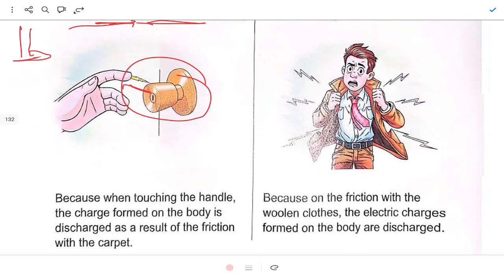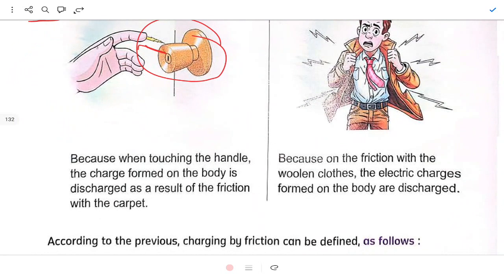Can you give me the reason? I will tell you. When you touch the handle, the charge formed on your body is discharged as a result of the friction with the carpet.